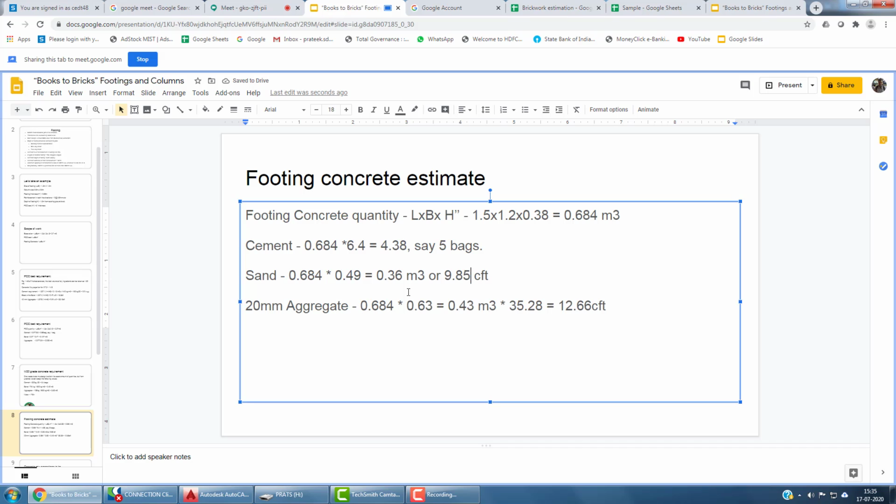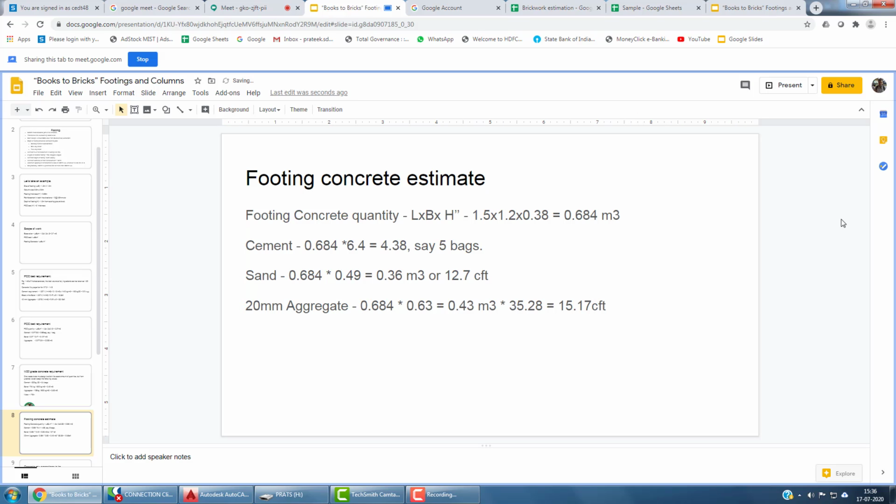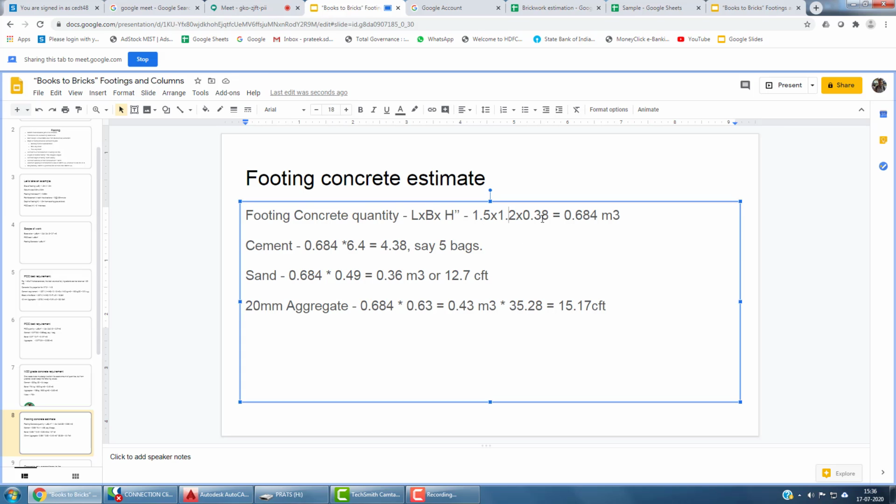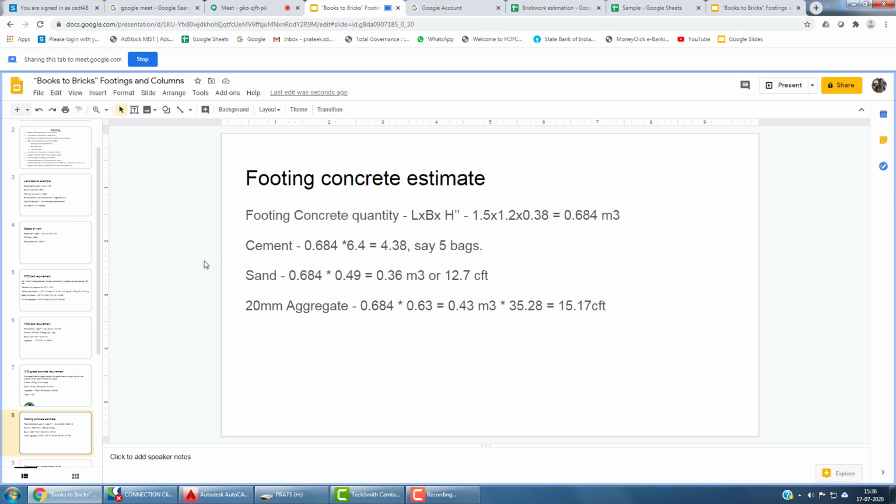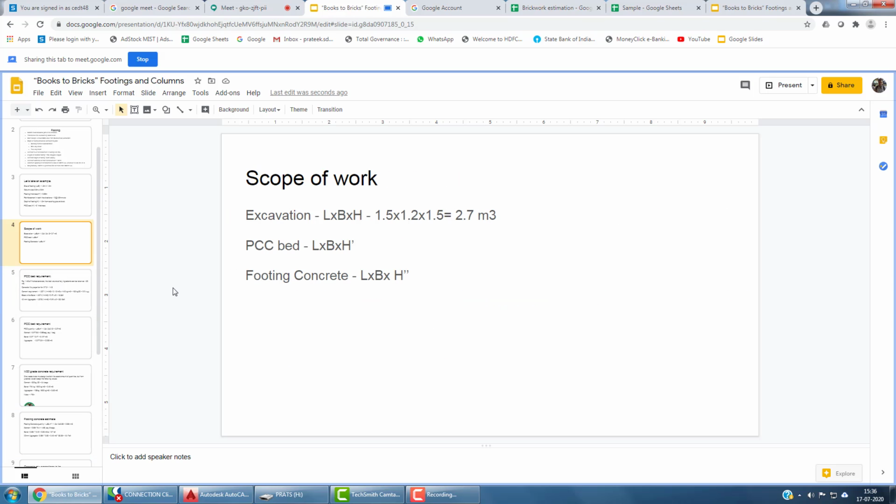So to convert this to CFT, as I have written here, just to make you understand, you have to multiply with 35.28. So this is the quantity that is required for your one footing of size 1.5 by 1.2 having a thickness of 0.38.